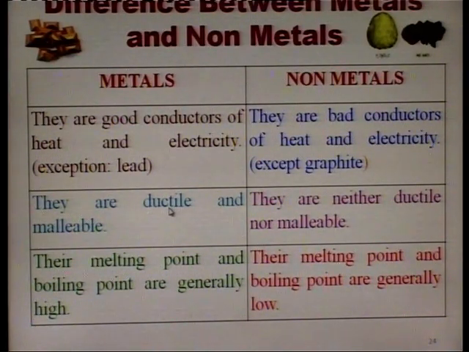Metals are ductile and malleable. Non-metals are neither ductile nor malleable. Metals have generally high melting and boiling points, but non-metals have generally low melting and boiling points.